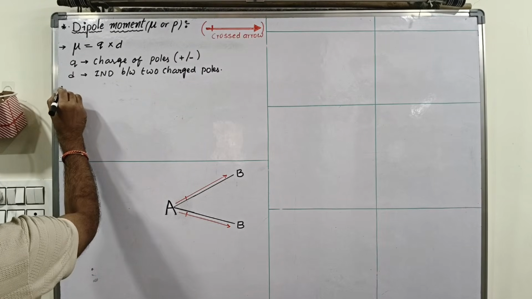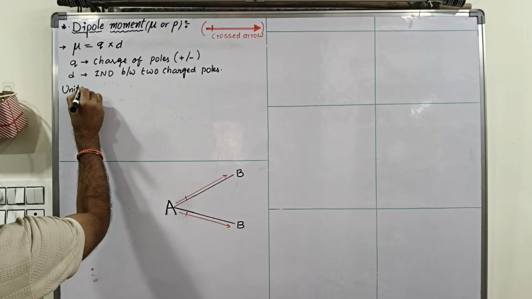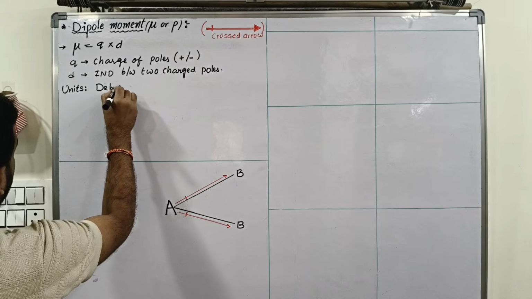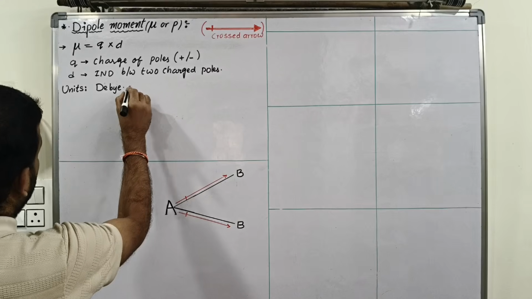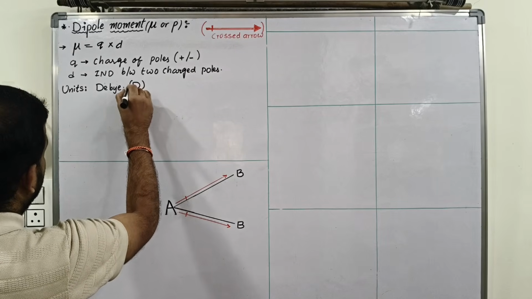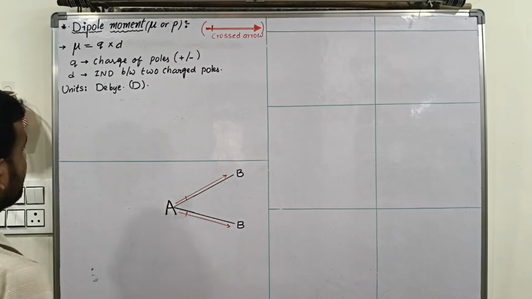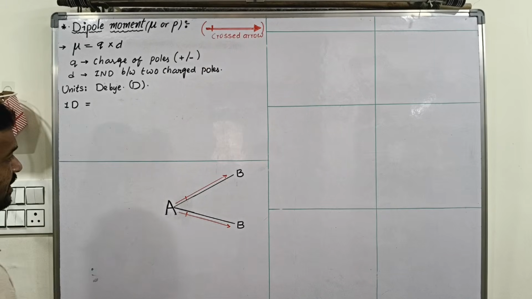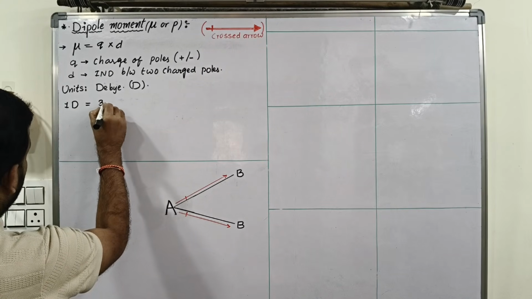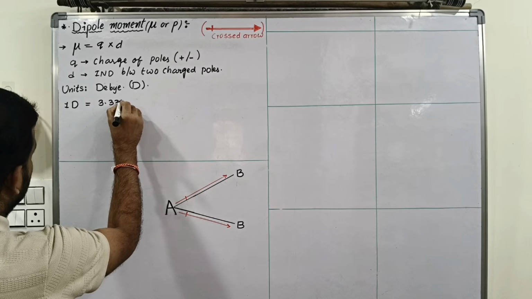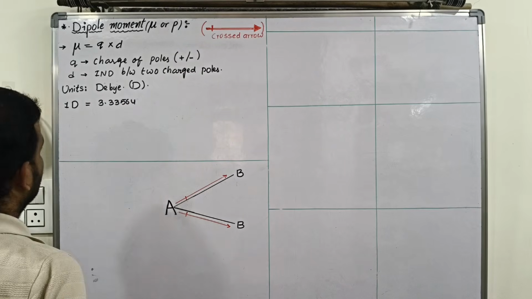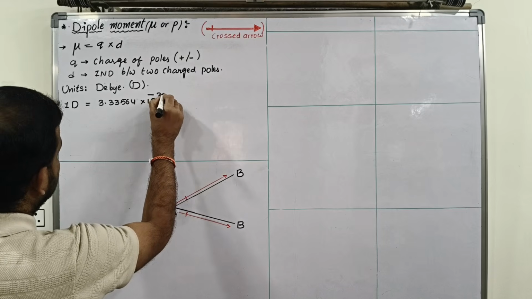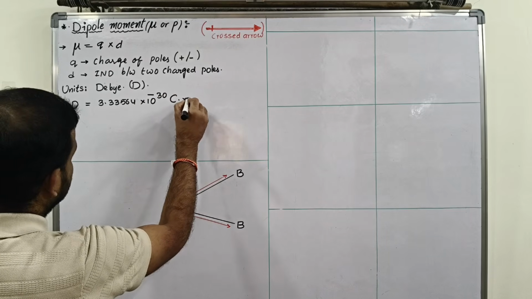So what are the units of dipole moment? That is the debye. Debye is the unit of dipole moment. So generally we take a capital D, that is 1 D. 1 debye is equal to 3.33564 into 10 power minus 30 coulomb meters.